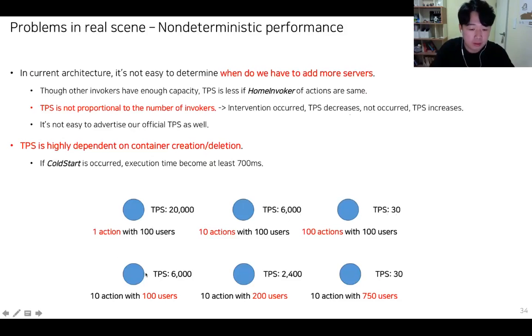Not only for the actions, if I increase the number of users like this, TPS also decreased. Under this situation, we cannot say that our system supports either 20K TPS or 30 TPS, because TPS changes based on the number of actions and number of users.